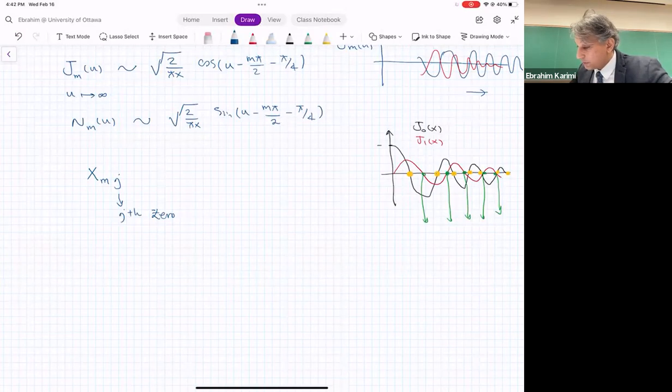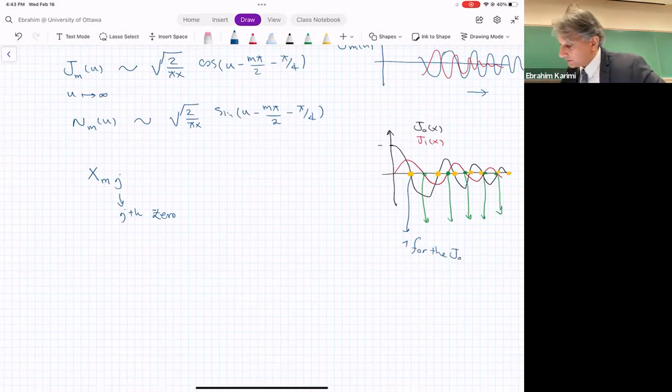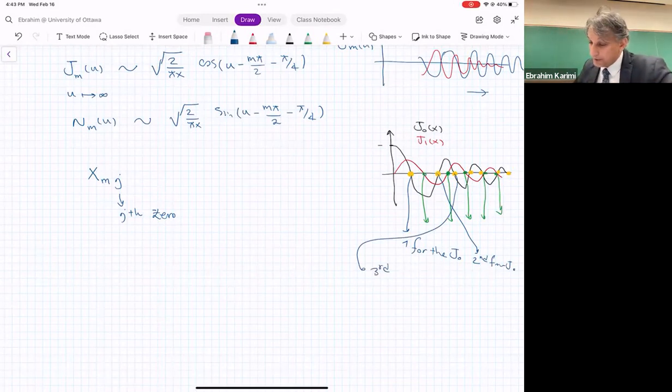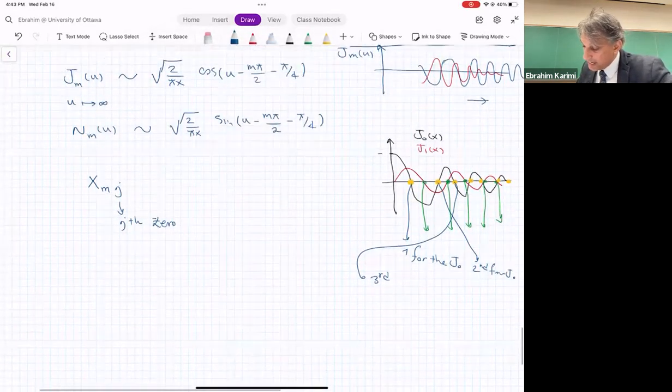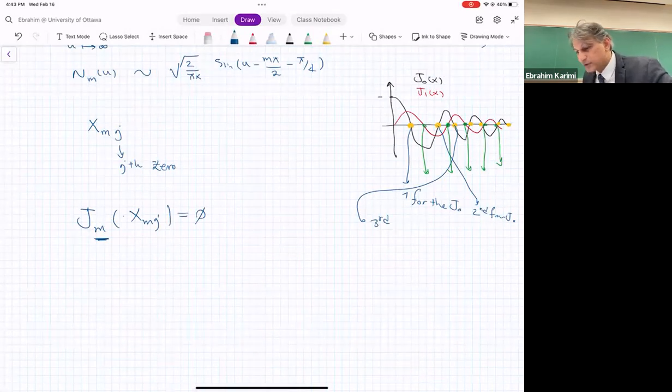So, for example, that one will be the first zero for J0, this one will be the second for J0, that one will be the third, fourth, and so on. So Jm of xmj is equal to 0, where xmj is the j-th zero of the Bessel function of order m.